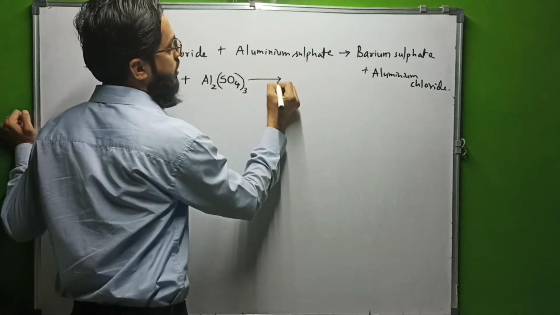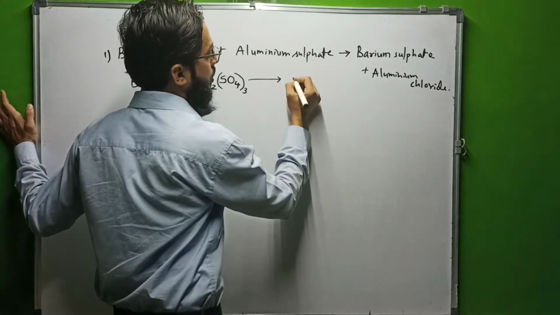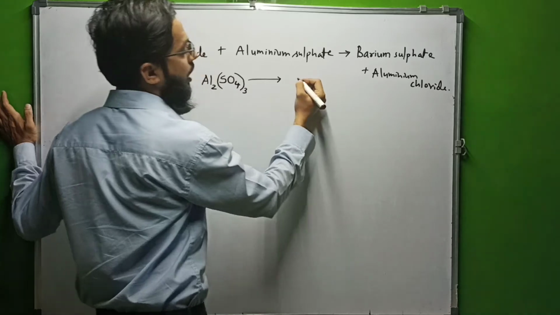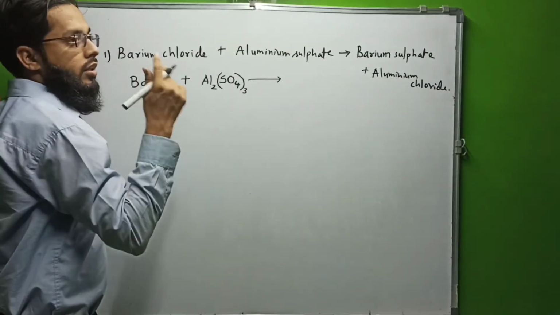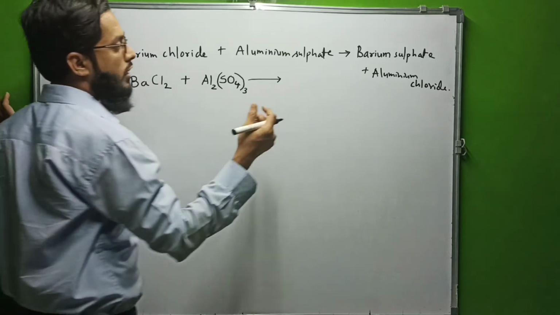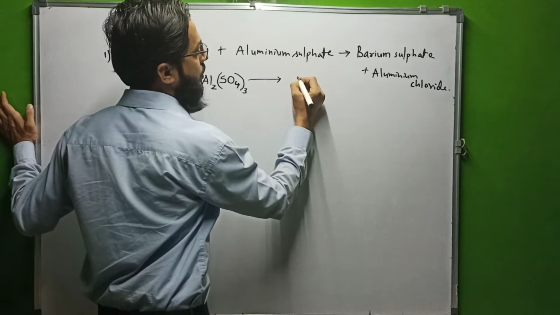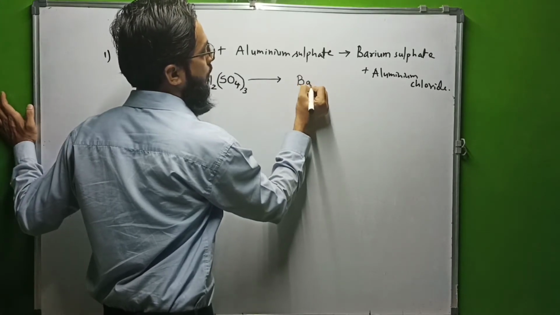Now this reaction is actually a double displacement reaction, which we will talk about in a later part of the chapter, along with the types of reactions: combination, decomposition, displacement, and double displacement. Okay, let us just focus on balancing the equation.